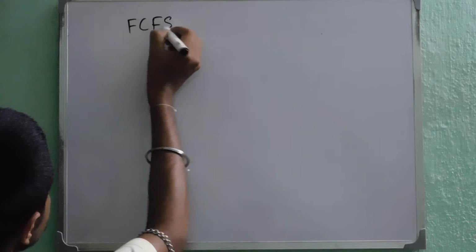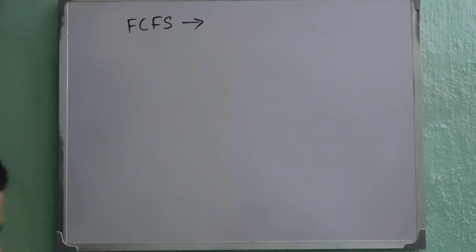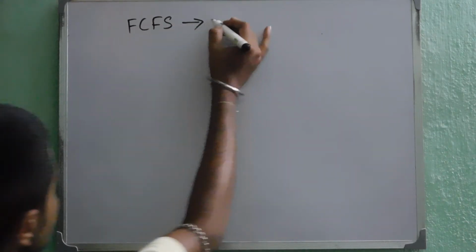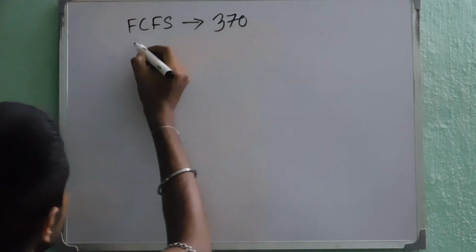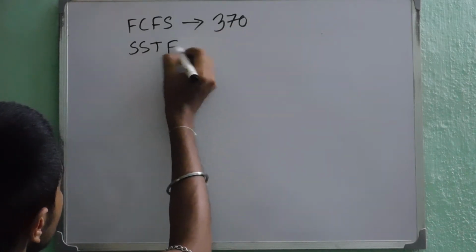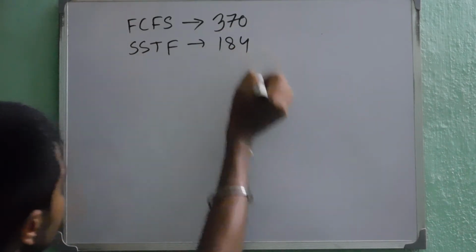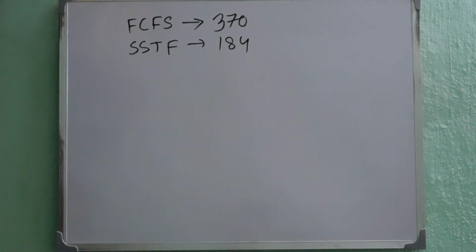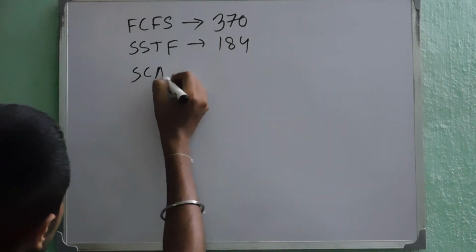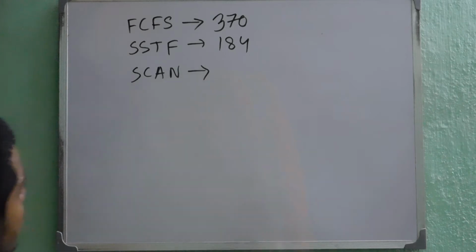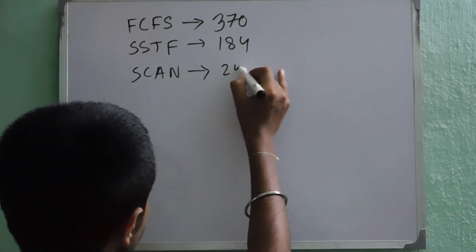Now, if you have watched my previous videos on disk scheduling, you will know for FCFS we have total number of head movements as 370. For SSTF we had 184. Okay. For scan we had, I think, 247.